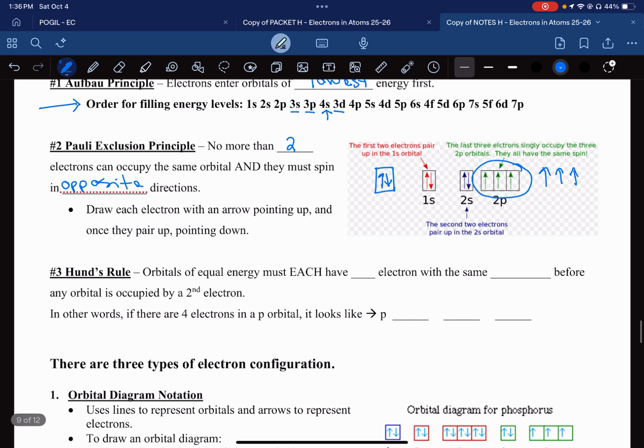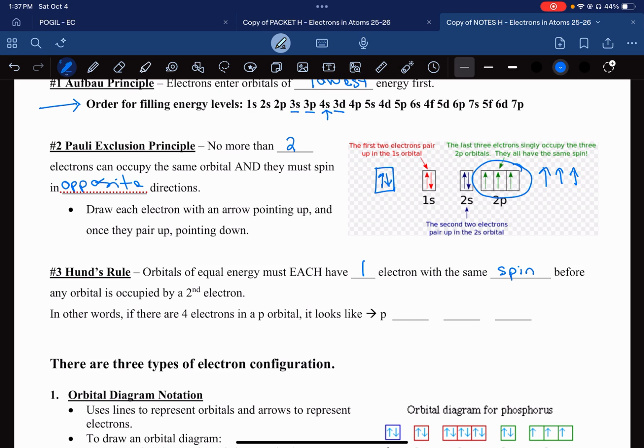But then it's our third rule, Hund's rule, that talks about how orbitals of equal energy must each have one electron with the same spin before an orbital is occupied by a second electron. So basically, we cannot pair up a downspin electron with an upspin electron in the same sublevel if all the orbitals within that sublevel do not contain an electron that is spinning in the same direction.